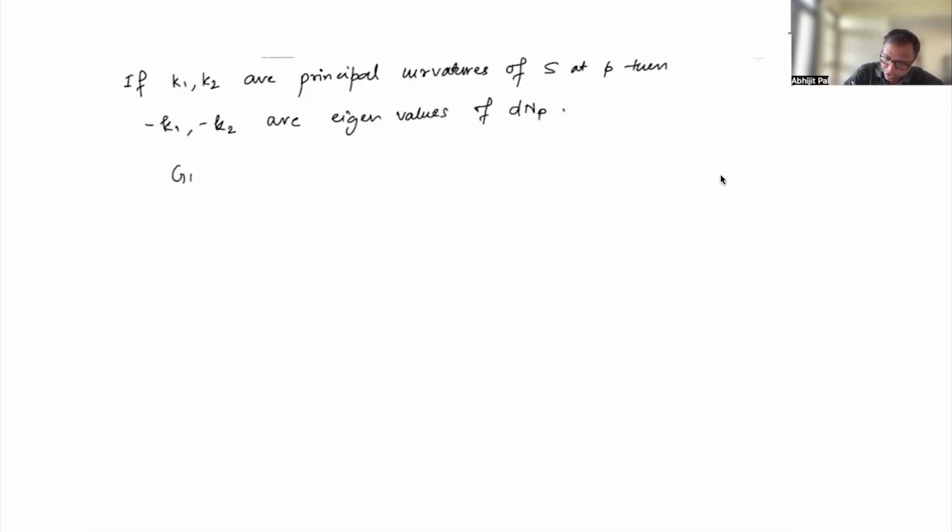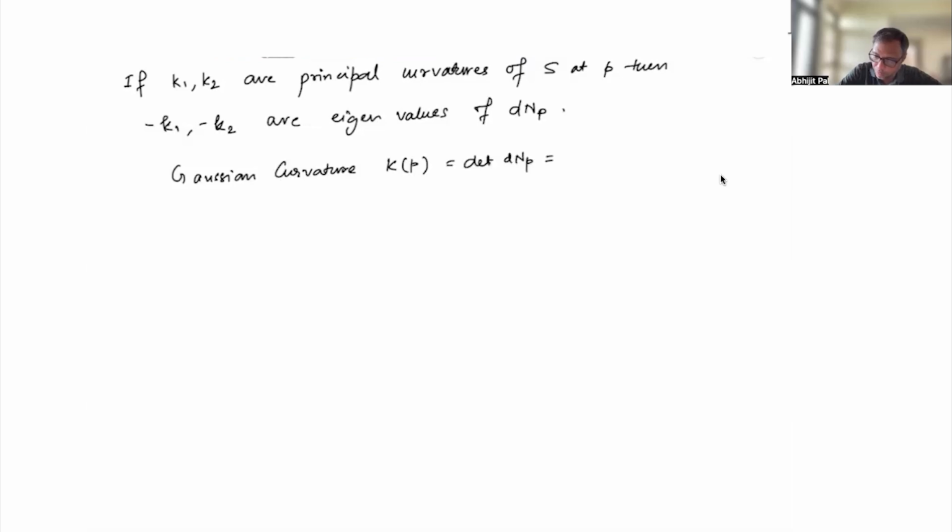So Gaussian curvature K_P, which is the determinant of the matrix of dN_P, is equal to the product of the eigenvalues.